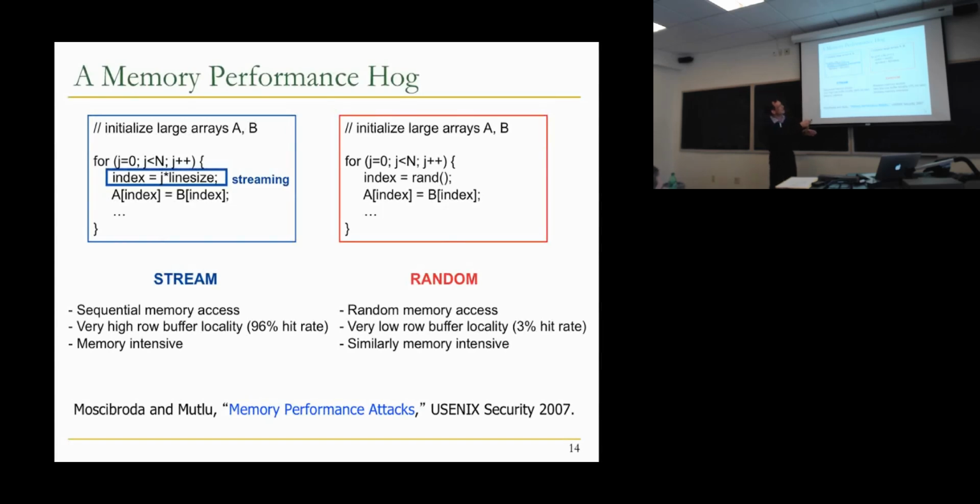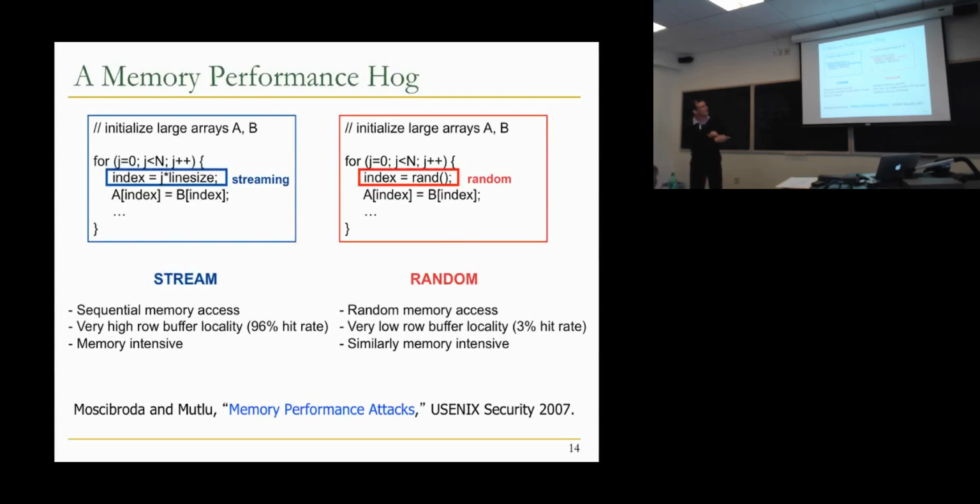You copy the element at index 1 first, element at index 25 next, element at index 1,000,000 next, and so on. Now you don't have sequential access in the row buffer, right? You have very random access. So this is a thread that has very random memory access because the index is generated randomly. As a result, it has very low row buffer locality, but it's similarly memory intensive. So it has almost the same memory intensity because all of these accesses are actually cache misses, assuming large arrays.